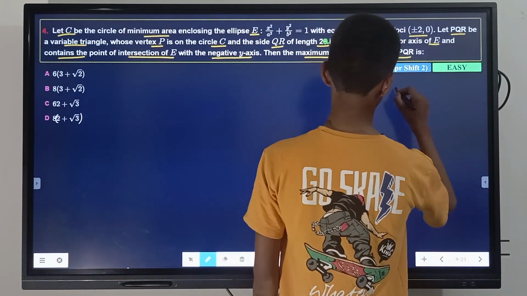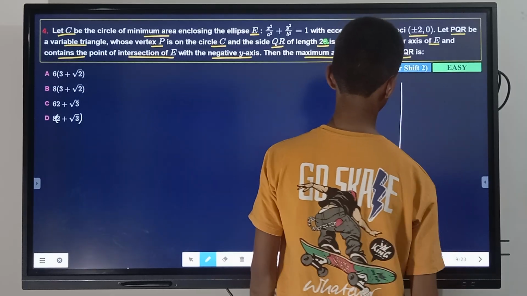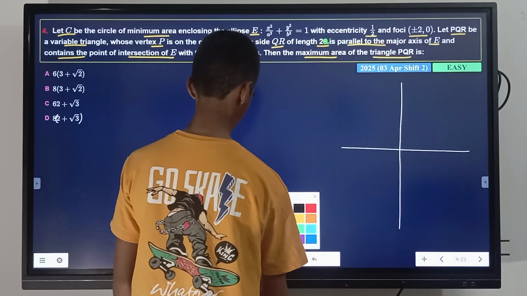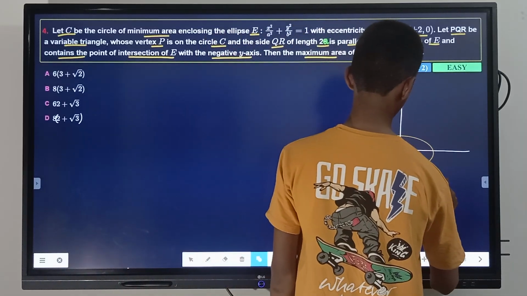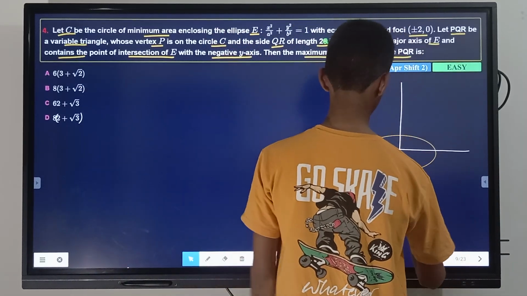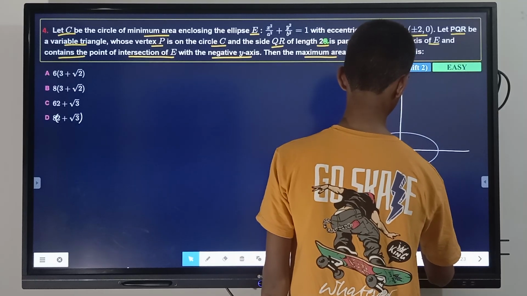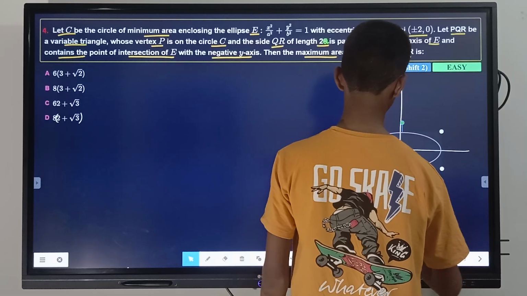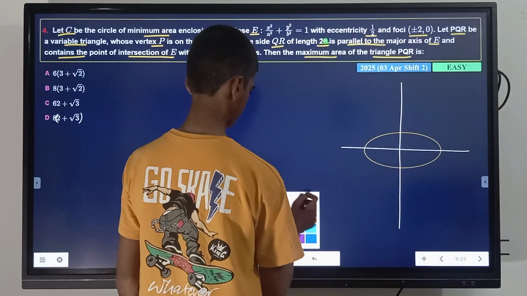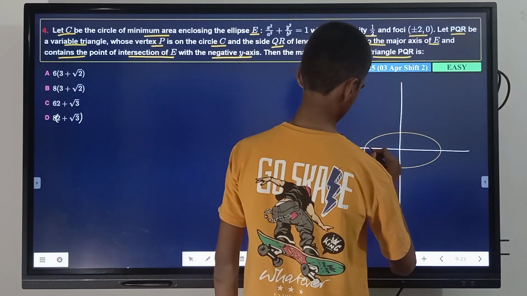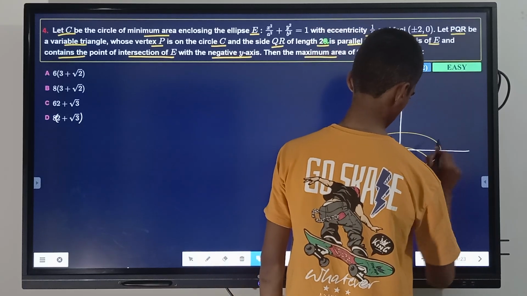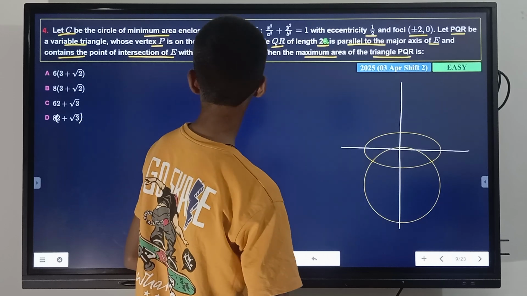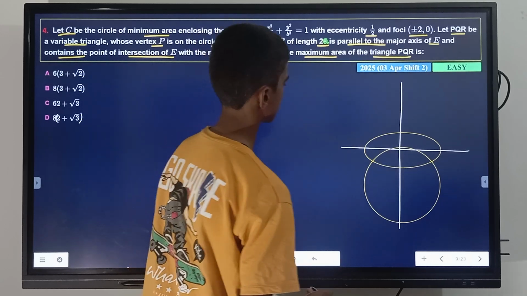So first let's plot our graph. And this is our ellipse. And this is our circle of minimum area which is enclosing the ellipse.